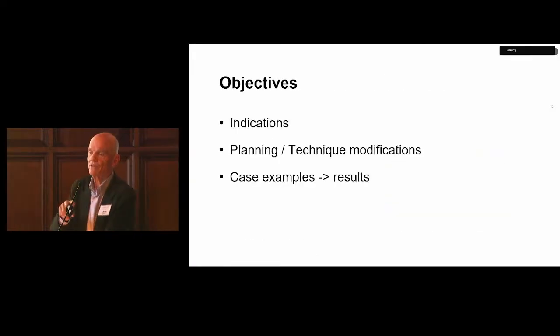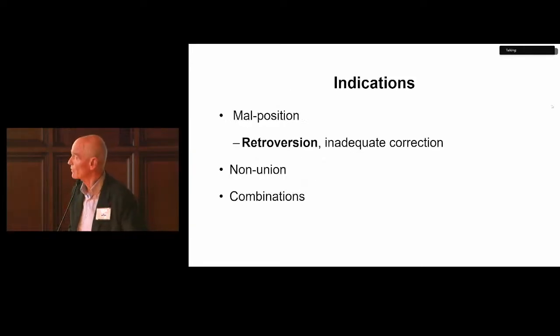So the objectives are relatively straightforward: indications, planning, technique modifications, and then a number of case examples. No two cases are the same, although they do share a common deformity, which I think everybody here has already talked about as far as the biggest issue with malposition, and that is retroversion.